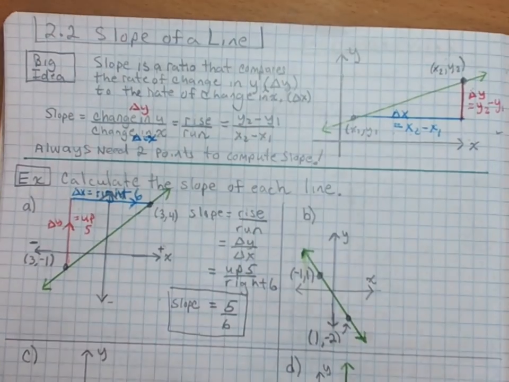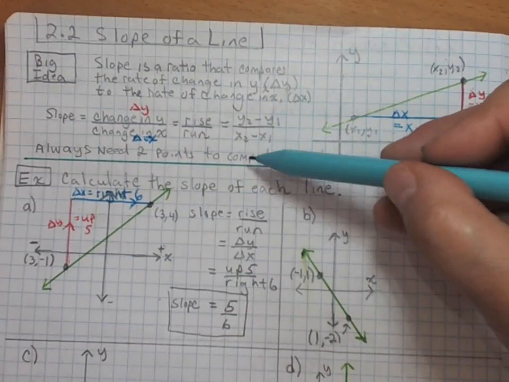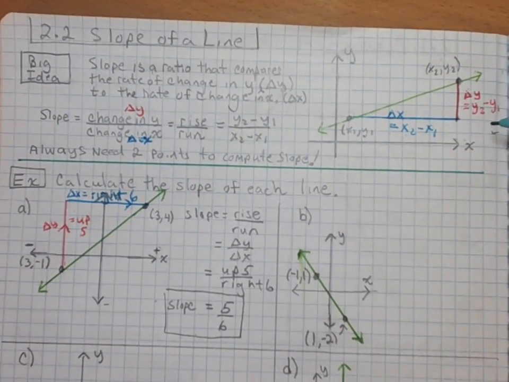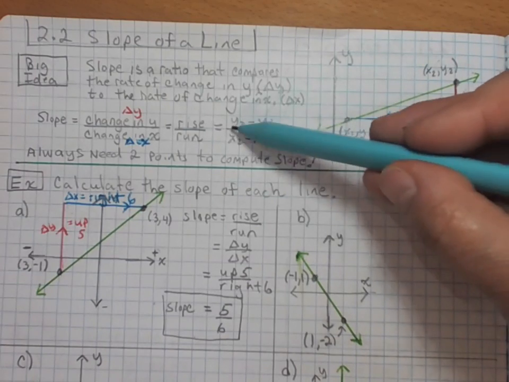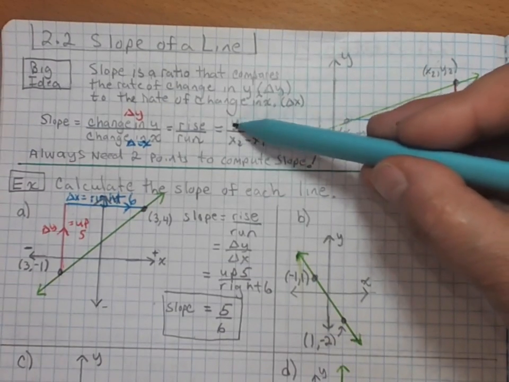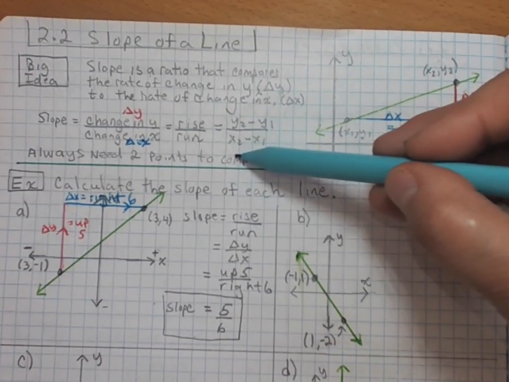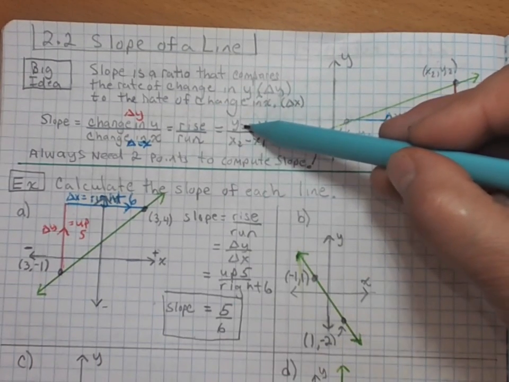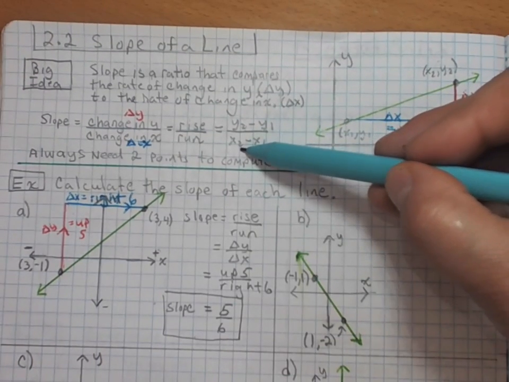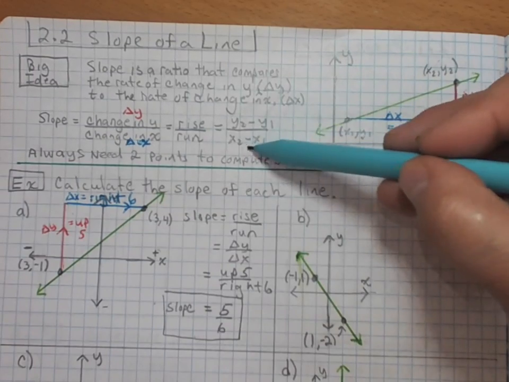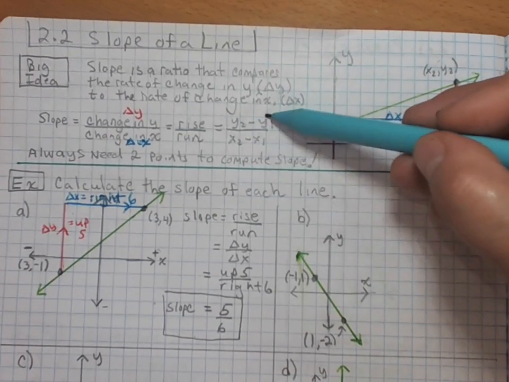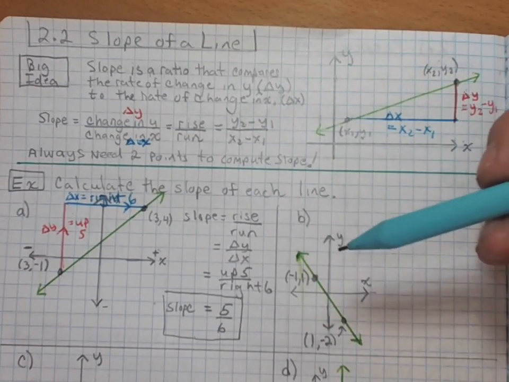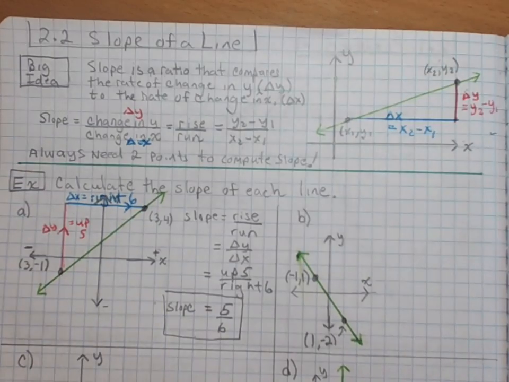The only thing to keep in mind with this formula is that the order does matter. When you write y2, you want to make sure you're using x2 below it, not x1. You don't want to mix these up. y2 over x2, y1 over x1. So just keep that consistent.